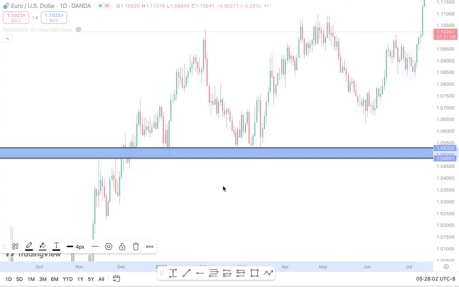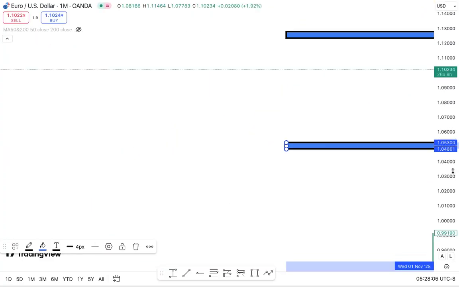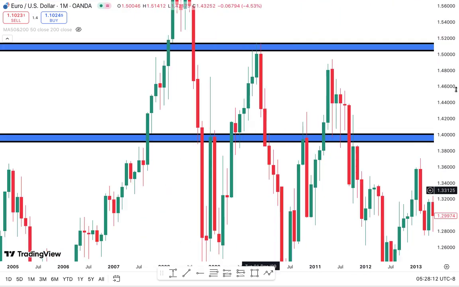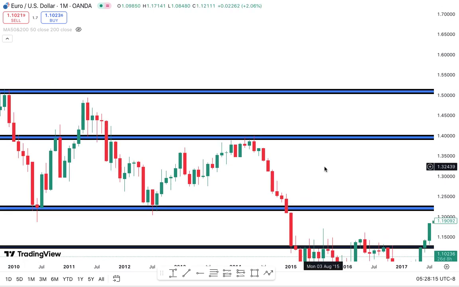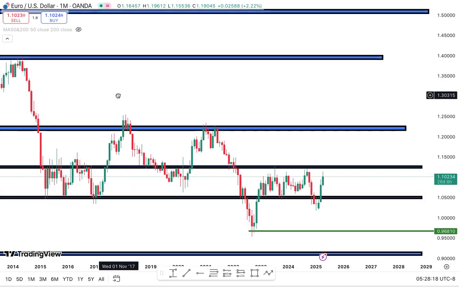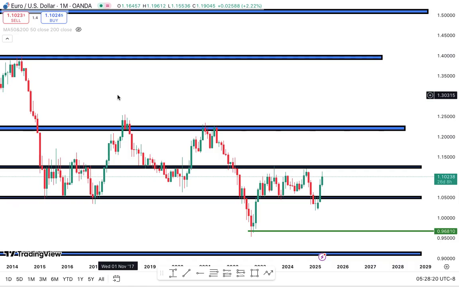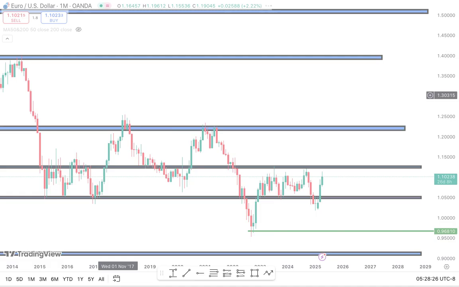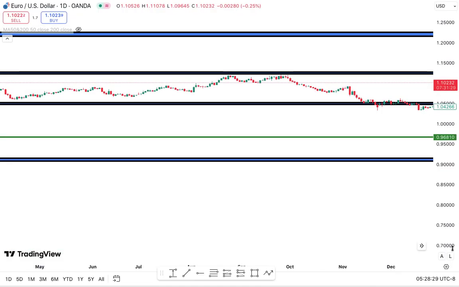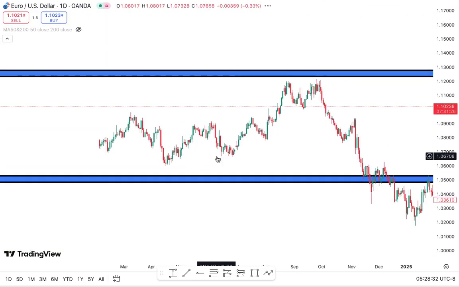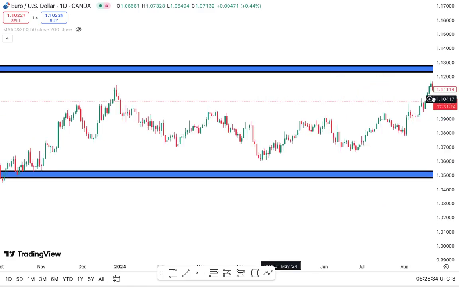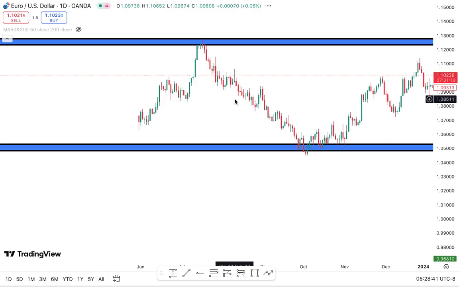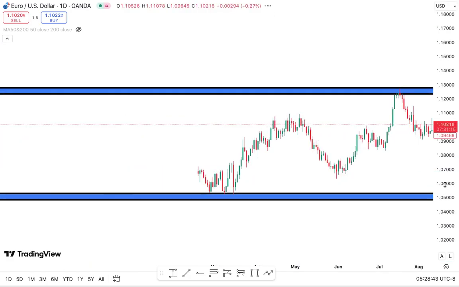If you look closely, this is the daily time frame, as I said earlier.